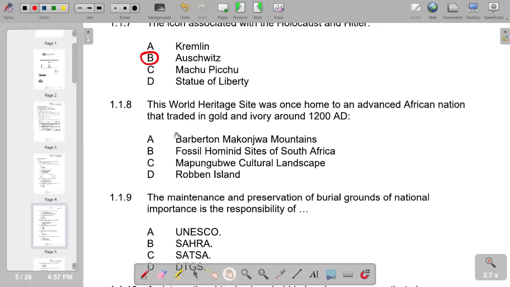With the responses given, you see that this is the Mapungubwe Cultural Landscape, which is C. For number 9, the maintenance and preservation of burial grounds of national importance is the responsibility of SAHRA, which is B. Remember, SAHRA stands for South African Heritage Resources Agency, which is our B.